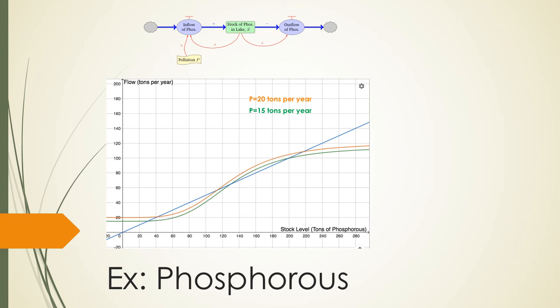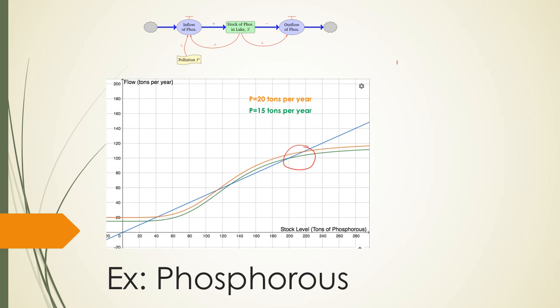Let's return to the phosphorus example. Recall that the parameter here describes the inflow of phosphorus due to pollution. I've plotted the phosphorus inflows for two different levels of the parameter. Focus on the equilibrium point farthest to the right. When P equals 15 tons per year, I estimate that the equilibrium occurs at a stock level of 200 tons.